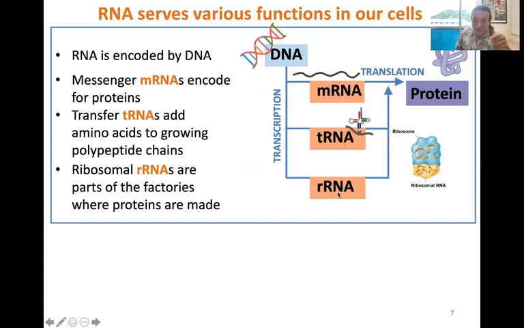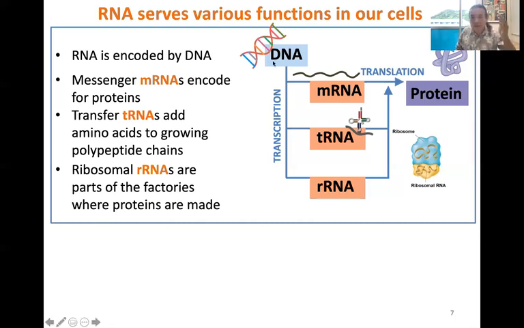rRNAs, or ribosomal RNAs, are special RNAs that are part of this huge protein complex in our cells known as the ribosome. So a ribosome is another example of many protein units coming together, wound up with these little rRNA fragments to give the ribosome its correct shape. And then the tRNA will work with the ribosome, and together they will put together an amino acid sequence based upon the message of the mRNA. That amino acid sequence will be your polypeptide chain that then folds up as a protein.